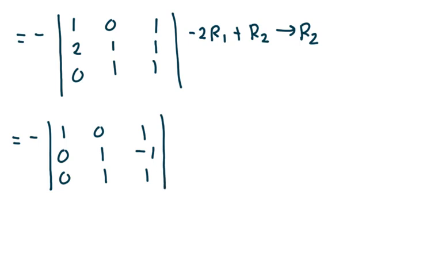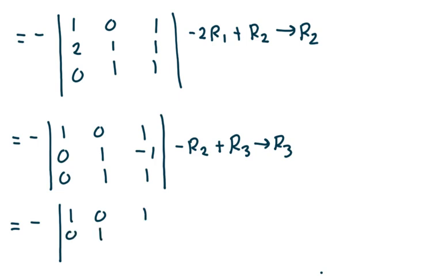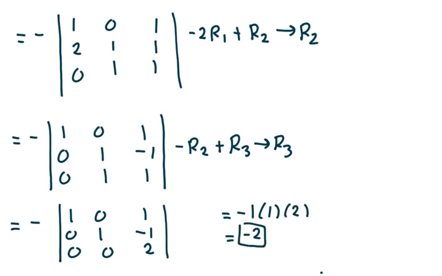And then last step, I'm going to take negative row 2, add it to row 3, put the result back into row 3. And so I get negative the determinant of 1, 0, 1, 0, 1, negative 1, 0, 0, 2. And I'm done. So this is negative 1 times 1 times 2. Correct answer should be negative 2.